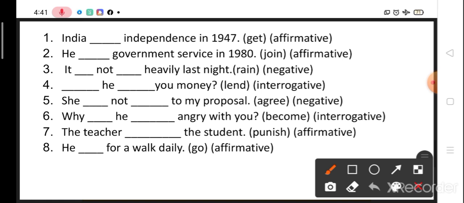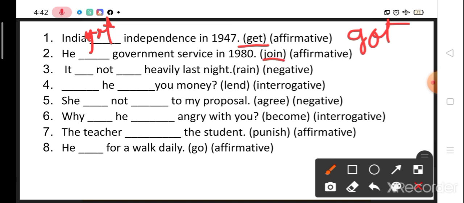Now here we are supposed to, in the first blank, India dash independence in 1947. The correct form of get, past tense of get is got. So simply we will write here, India got independence in 1947.